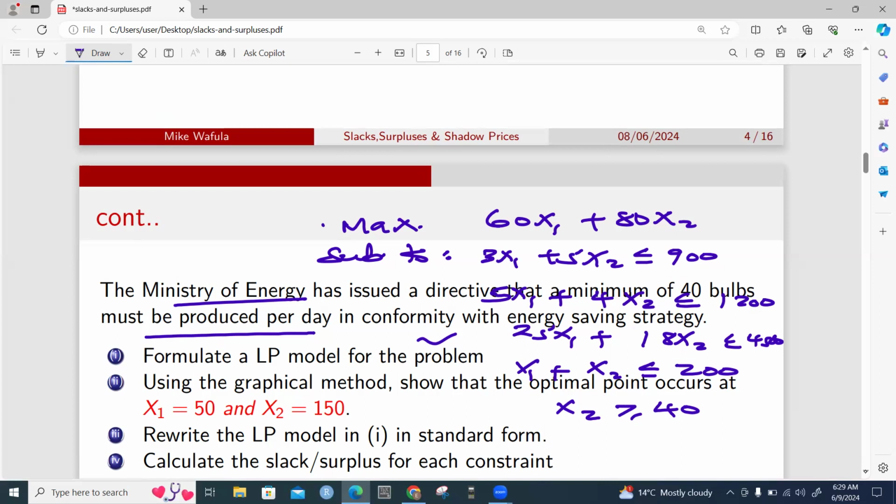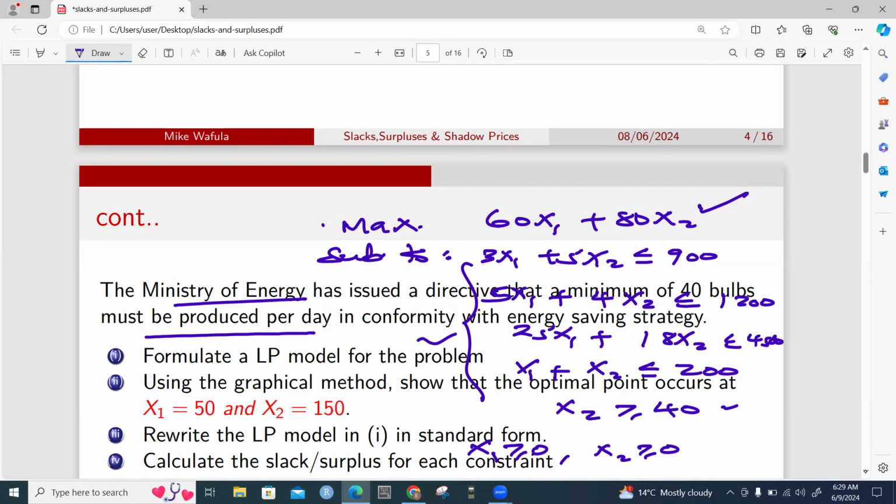So this is the objective function, and these are the resource constraints. You can also add the non-negative constraints where you say X1 must be non-negative and X2 must also be non-negative. But once you have one of the resource constraints saying X2 greater than or equal to 40, it is almost needless to write X2 greater than or equal to 0.